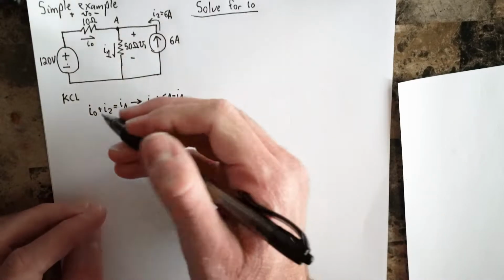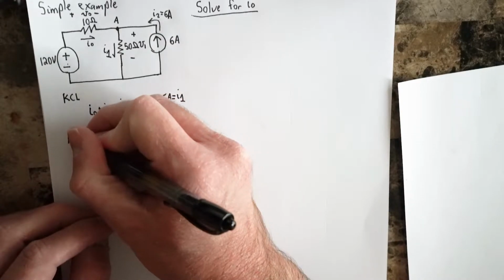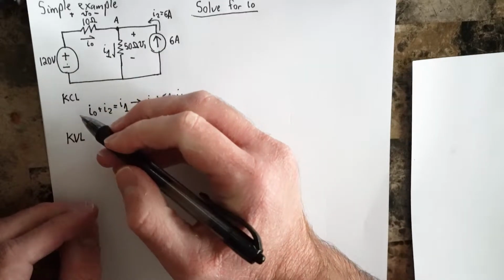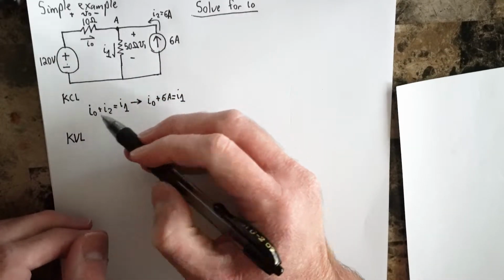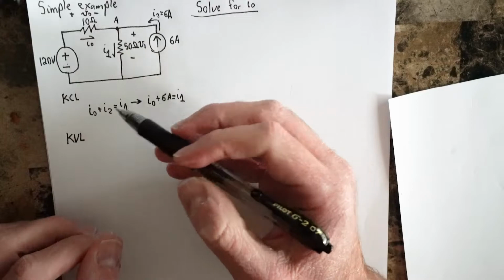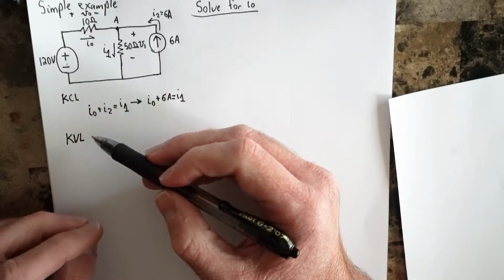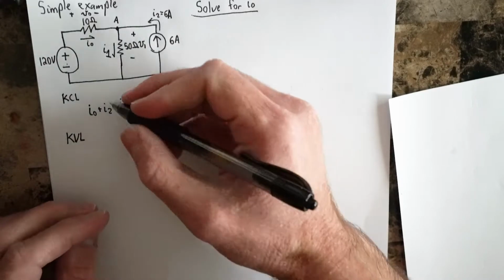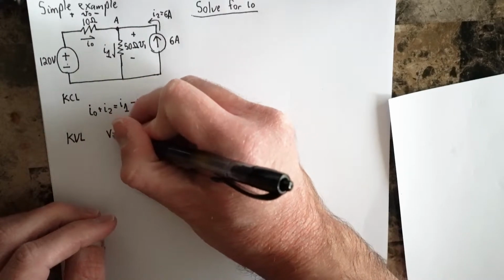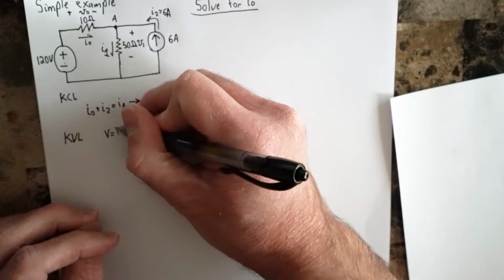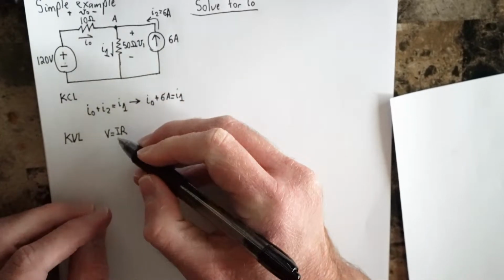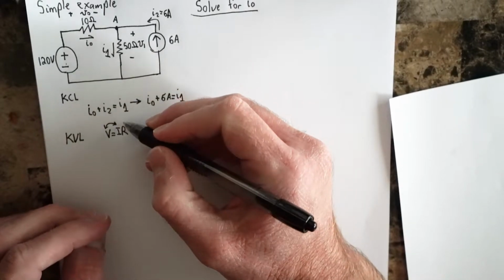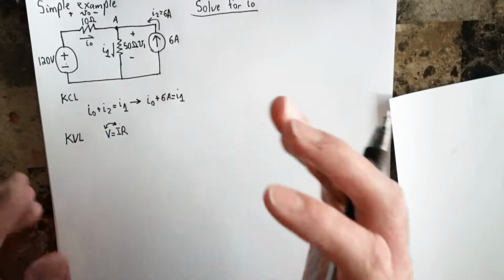To get that extra equation, let's just turn to KVL. We've already got some currents, so it might seem counterintuitive to then move to looking at voltages, but remember, by Ohm's law, V equals IR, we can relate voltages and currents because we know our individual resistor values.